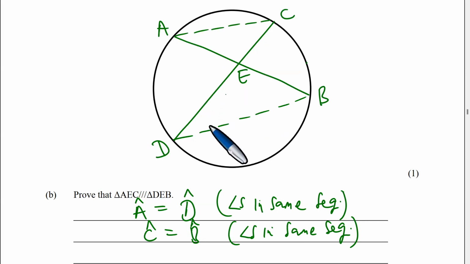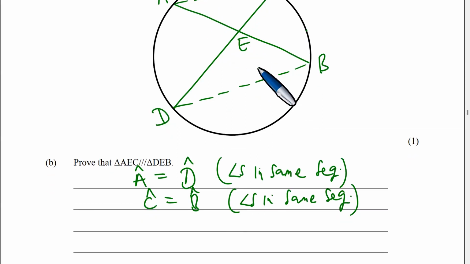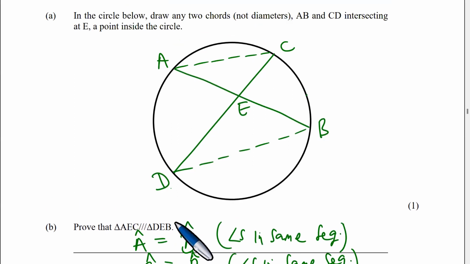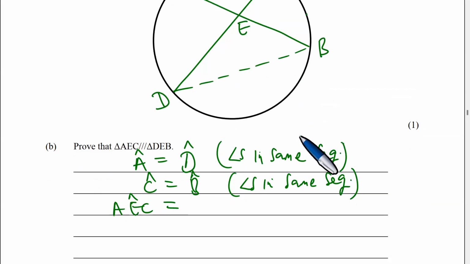But also you can take the third angle, so you can take angle AEC. So angle AEC is equal to angle DEB.